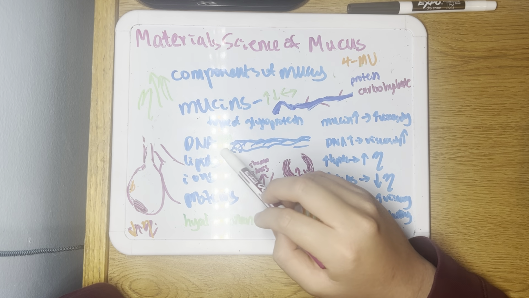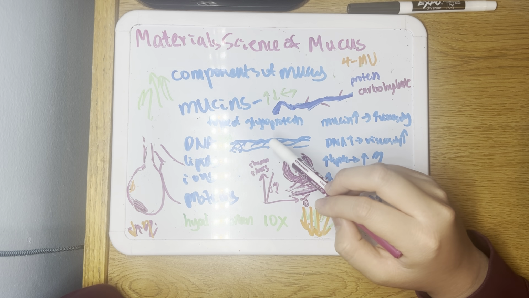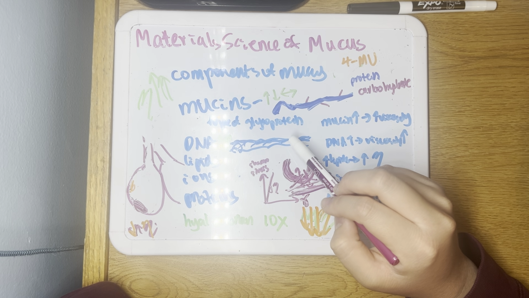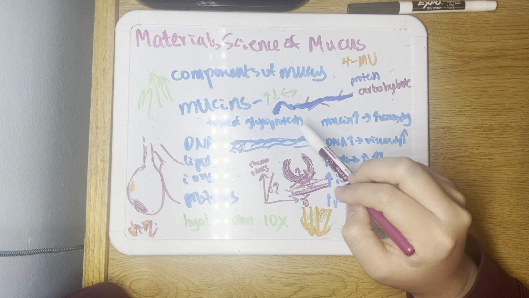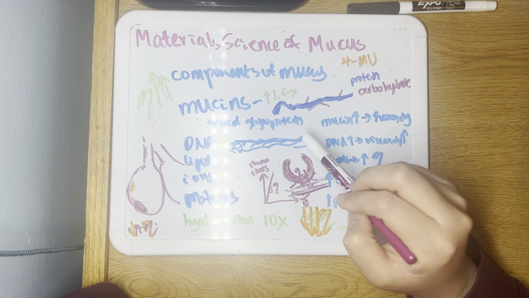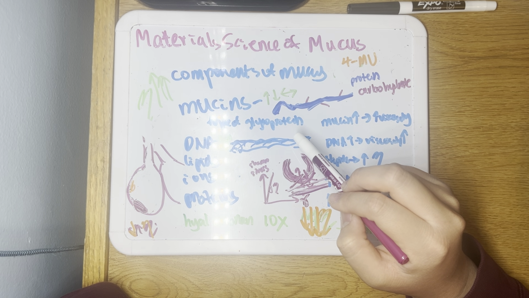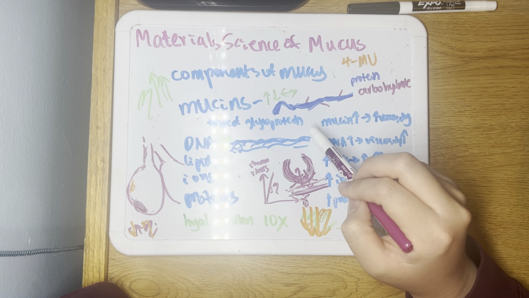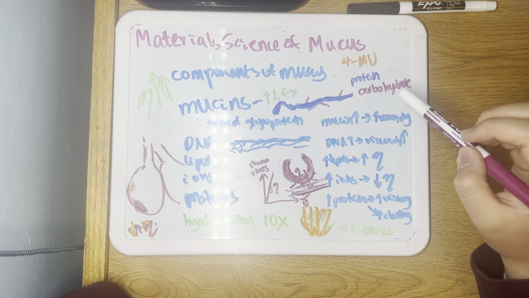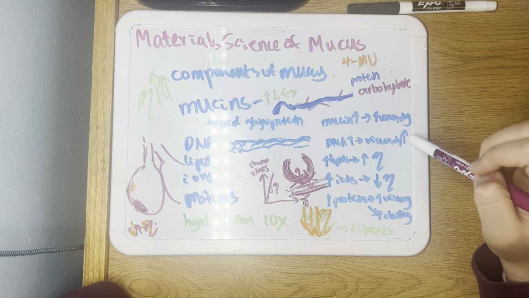And then you have DNA, and this can be from pathogens, or it can be your own DNA from your cells, and that gets increased during disease because your immune cells and white blood cells and your epithelial cells could all be dying and exploding their guts basically, and so these both cause the viscosity to increase.